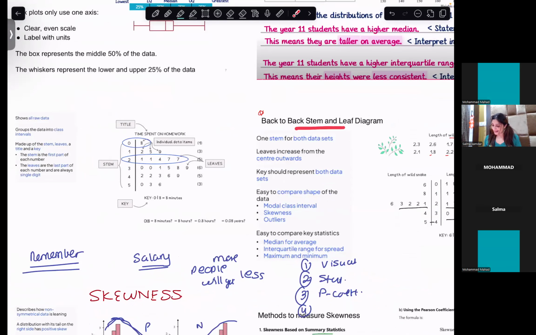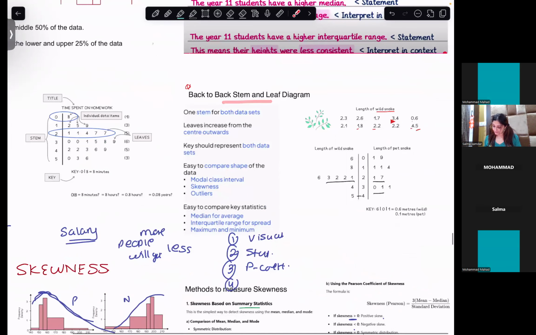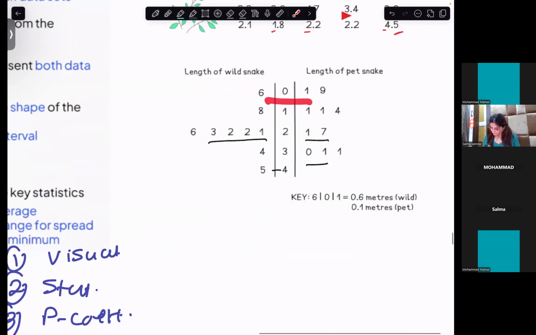What is a back-to-back stem and leaf diagram? A back-to-back stem and leaf diagram is basically one stem for two data sets. So there's going to be one key here, which says key 6|0|1, and the middle one is the stem, so it's read first and then the leaf.